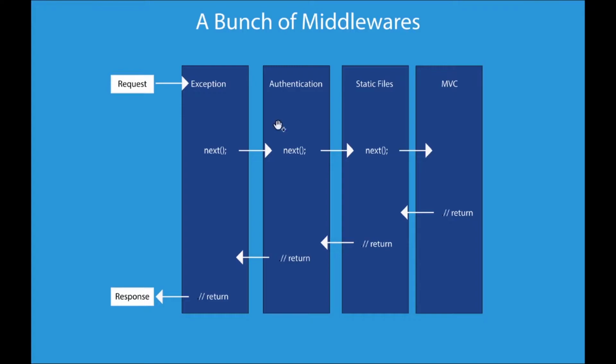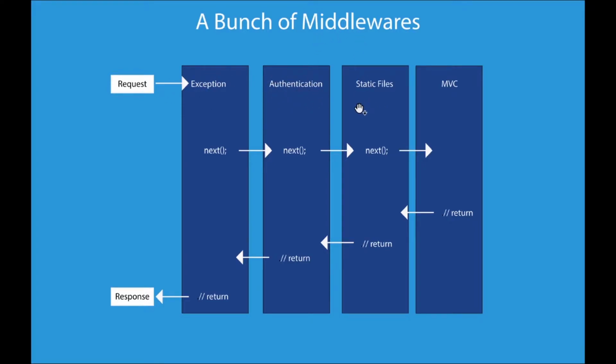So here you can see this is a bunch of middlewares, as the name suggests. One more thing to notice here is each middleware is responsible for a very specific task. As you can see, this middleware is responsible for only logging exceptions. This middleware is responsible for authentication.